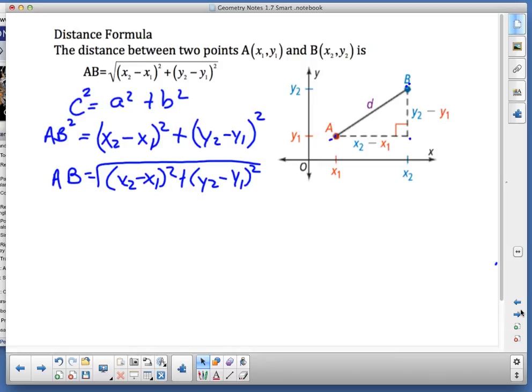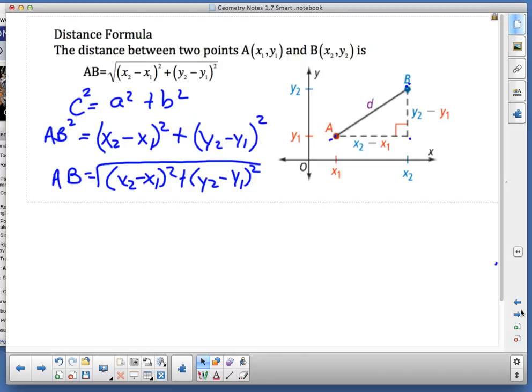If I follow through with the length of my horizontal length, x sub 2 minus x sub 1, two different x's, and my vertical length, y sub 2 minus y sub 1, and I plug them in for a and b because they're legs of a right triangle, and square them because according to the Pythagorean theorem, and then at the end, I take the square root on both sides, what results is the distance formula. That is the derivation of the distance formula. That's where it's from.